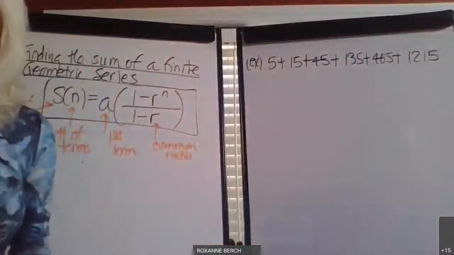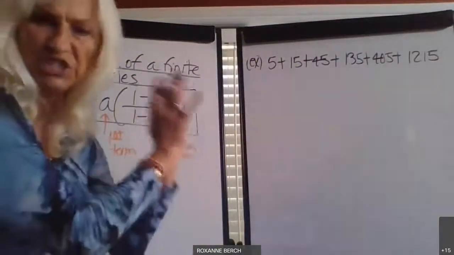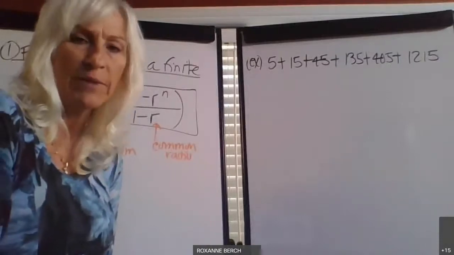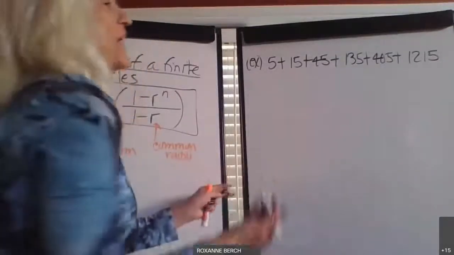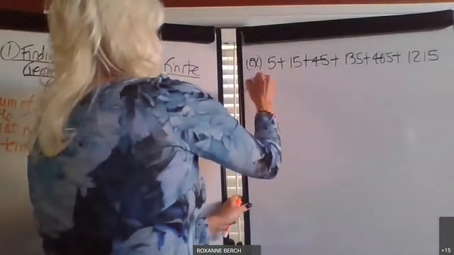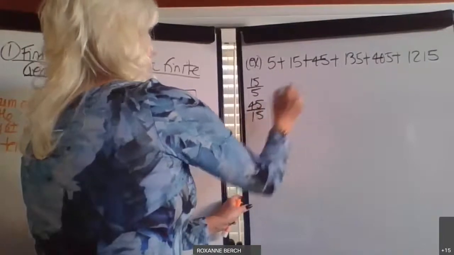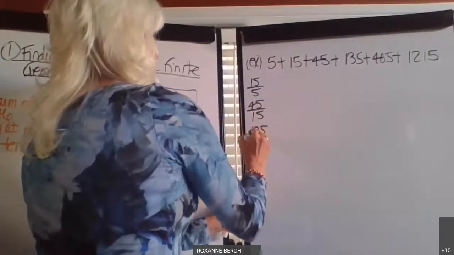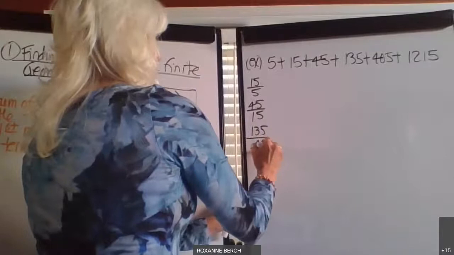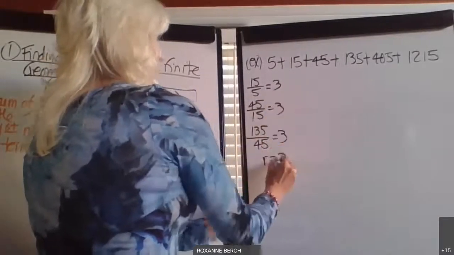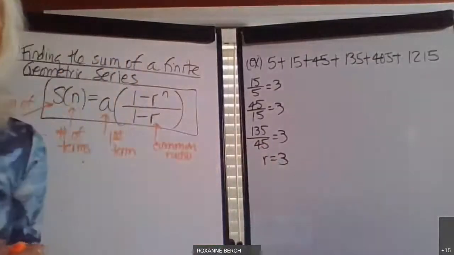Now, first of all, they tell us that this is a geometric series. So we know there's a common ratio. We're going to need to find it. So let's just do that. So we have 15 divided by 5, 45 divided by 15, and 135 divided by 45. So it's going to be 3, 3. So the common ratio is 3.